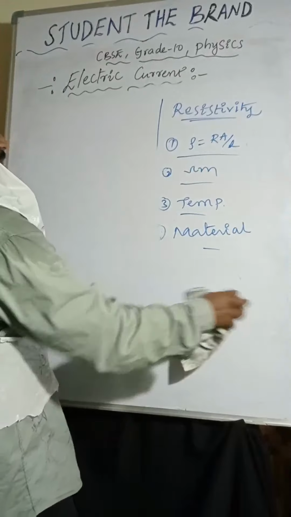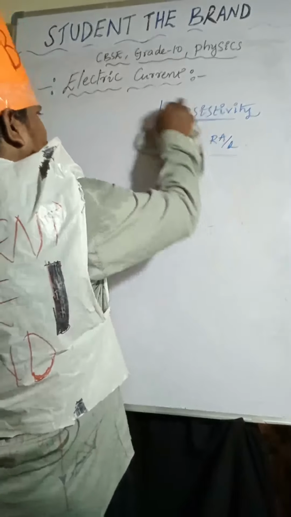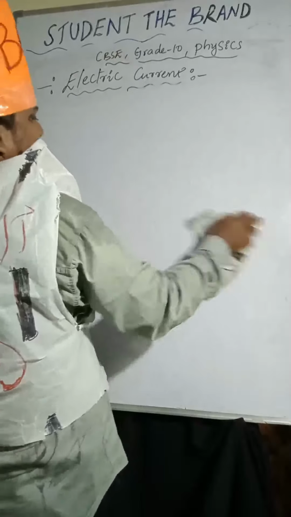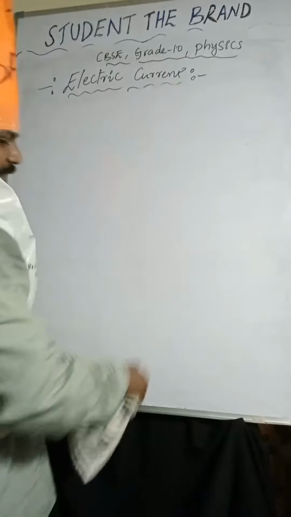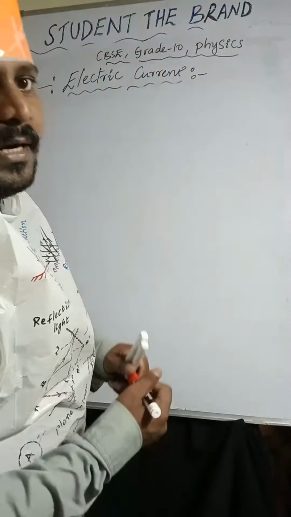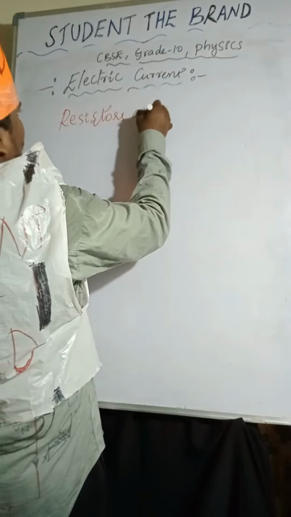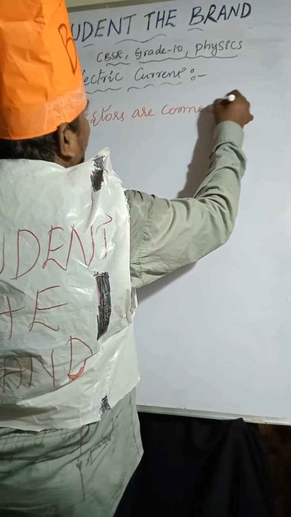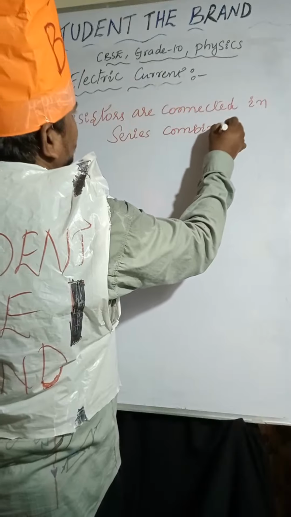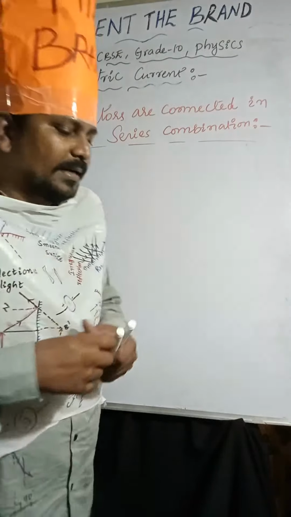Resistors are connected in series combination, and resistors are connected in parallel combination. We'll discuss them now.